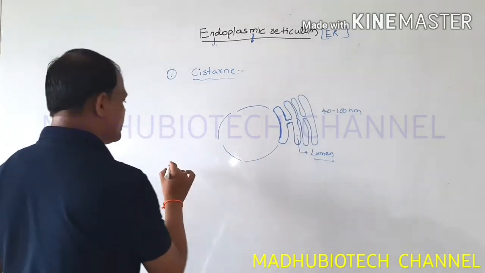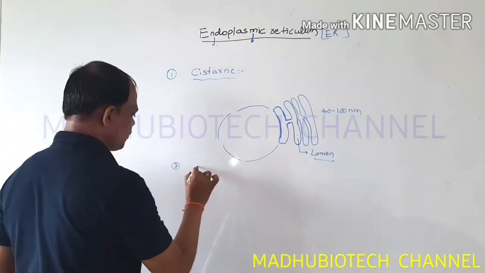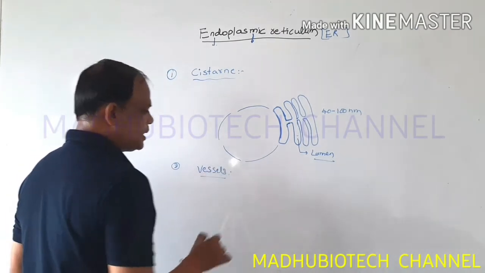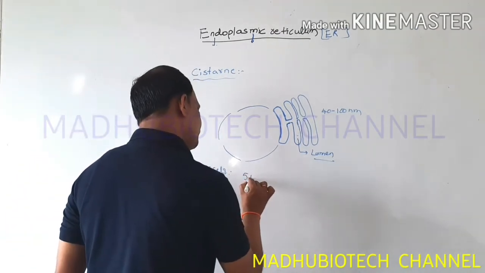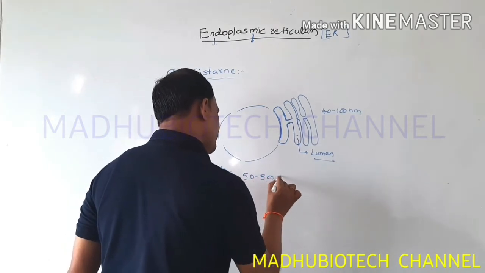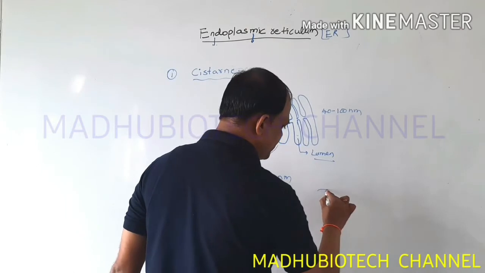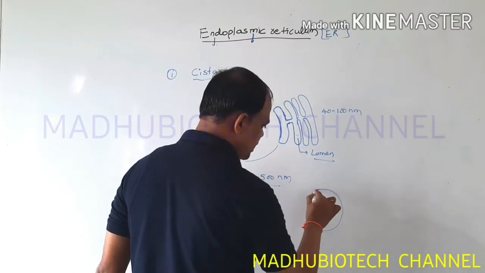The next one is the vesicles. These are 50 to 500 nanometers in diameter, with spherical, round or oval shapes.